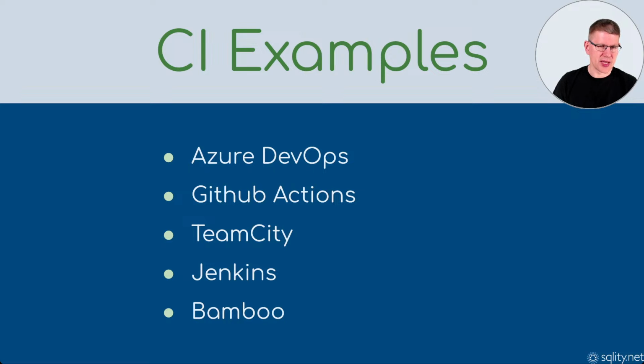They might also have cloud versions, but usually I see them used on-prem. In one of the next videos I'm going to talk about what you need to look out for when you're picking an automation server.